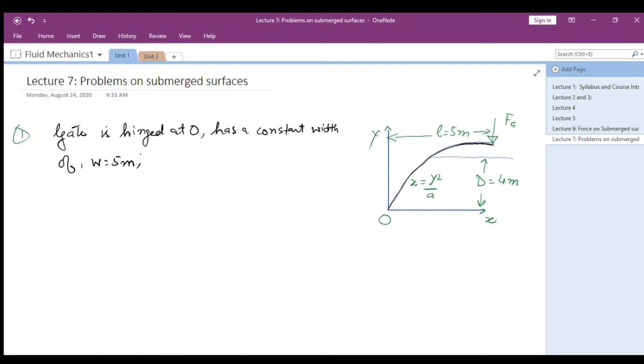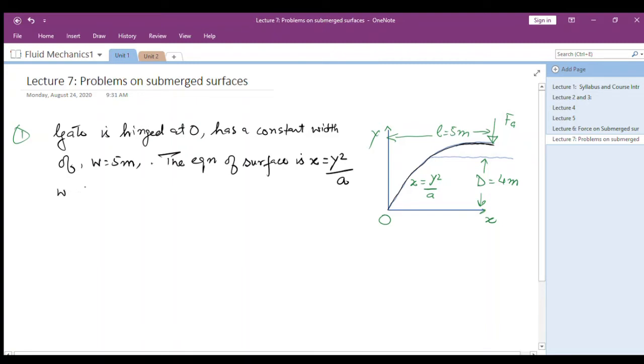Now it's a curved surface, so the equation of the surface is x equals y square by a.